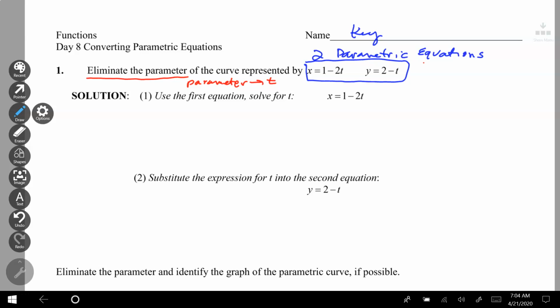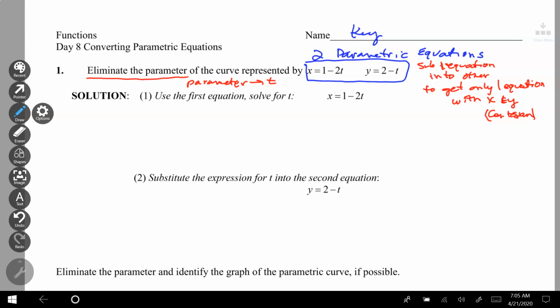So what we want to do is substitute one equation into the other to get only one equation with x's and y's only. Remember, that's Cartesian. So we're going to go from this weird form of parametric having two equations, one for x, one for y, back down to one equation that only has x's and y's in it.